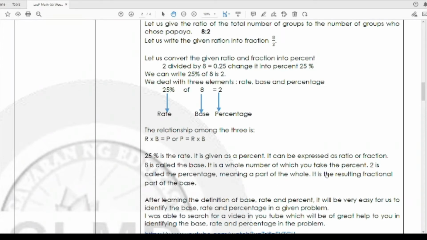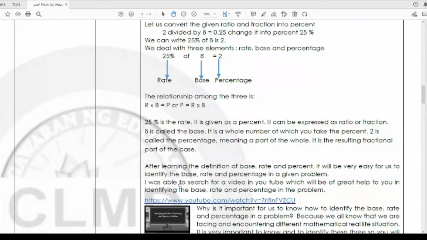It is the resulting fractional part of the base. After learning the definition of base, rate, and percent, it will be very easy for us to identify the base, rate, and percentage in a given problem.